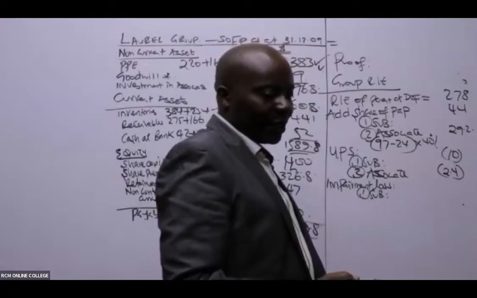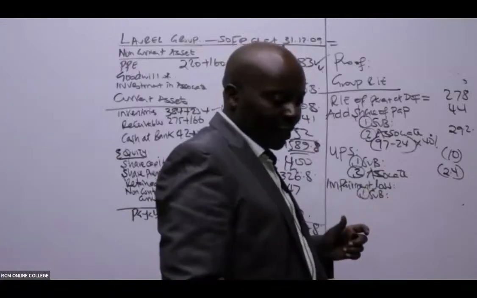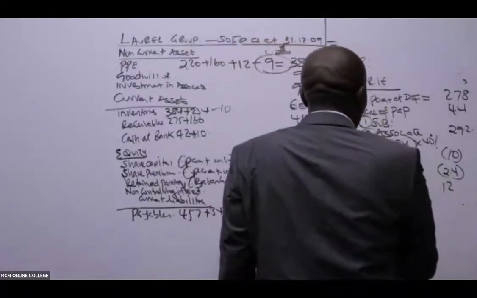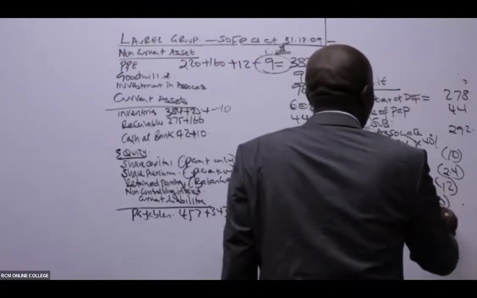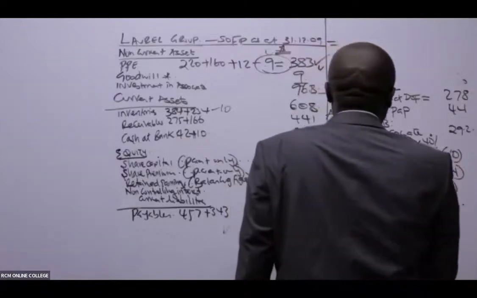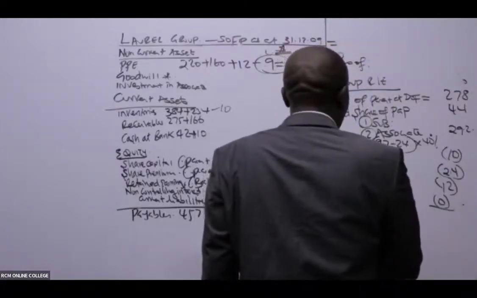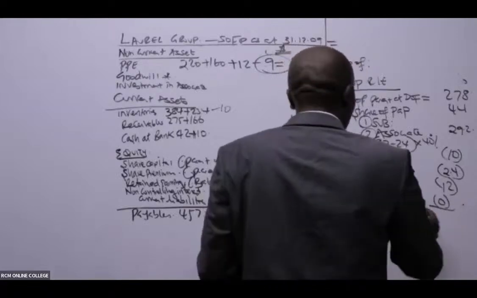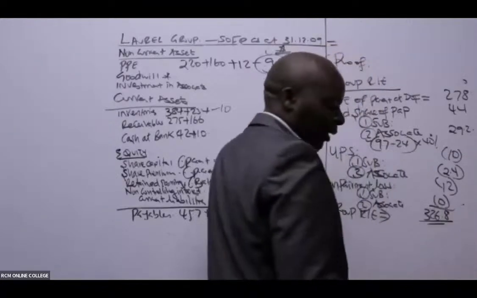After apportionment, it was 12. And then we have impairment loss of the associate, nothing, 0. So these are losses, remember, and unrealized. If you do it this way, then you'll be able to give us group retained earnings, which will be the same as this 326.8.